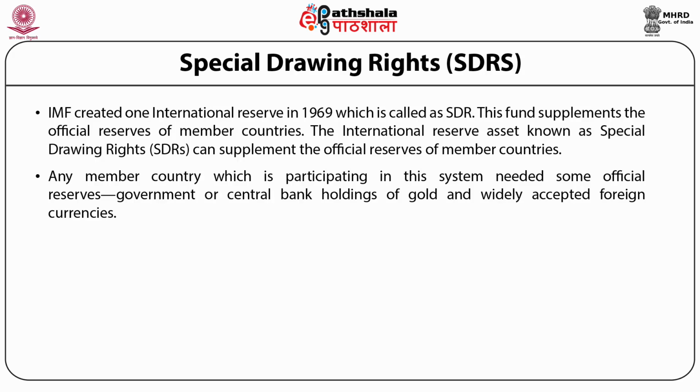These currencies could be used to purchase the domestic currency in foreign exchange markets as required to maintain its exchange rate. But gold and the US dollar proved to be inadequate for expanding world trade.